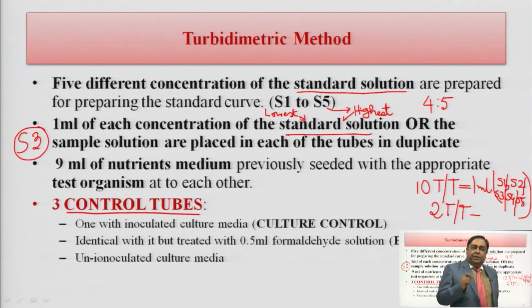Now, after you sterilize this nutrient medium, I have shown you one slide earlier, there was a list of microorganisms against various antibiotics. Depending on the antibiotic which you are testing, you select a particular microorganism and you inoculate that organism into the nutrient media which you have sterilized. A question may come up in your mind, sir, we are adding microorganisms, then why are we going for sterilization?